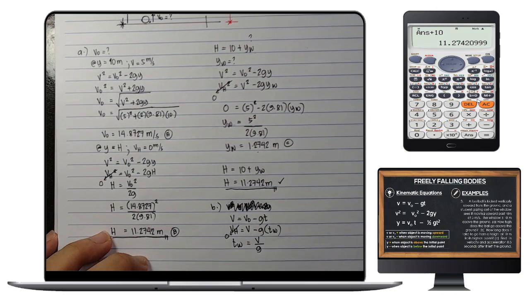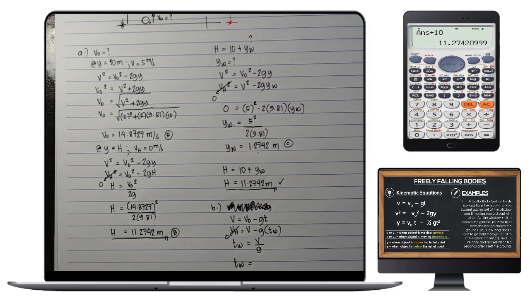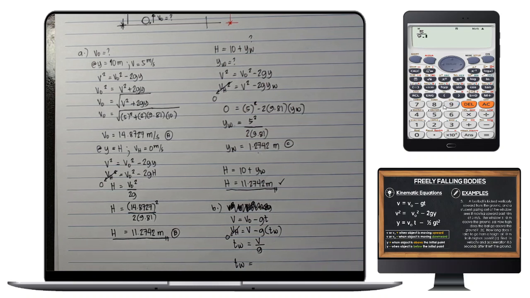So, we can find t sub w. That is v. So, yung v natin is 5. Divide lang natin siya ng 9.81.